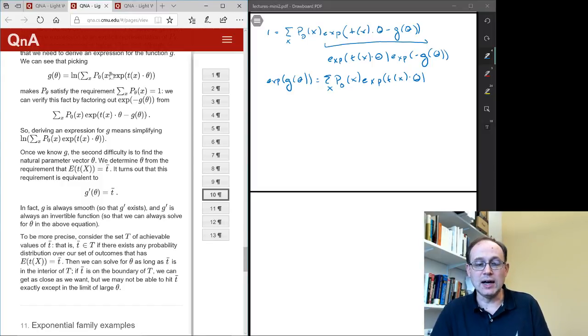All right, so now suppose we have an expression for g, maybe this one or maybe a nicer one. We have to find the actual value of theta. And remember, we're adjusting theta so that we get the distribution that has the given vector of moments. So we want the expectation of t of x under the distribution p theta to be t bar. And again, stating without proof, it turns out that that requirement is equivalent to g prime of theta, the derivative, the gradient of g at theta, has to be equal to t bar.